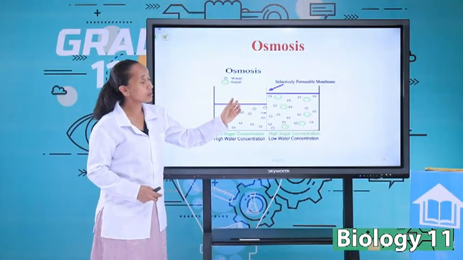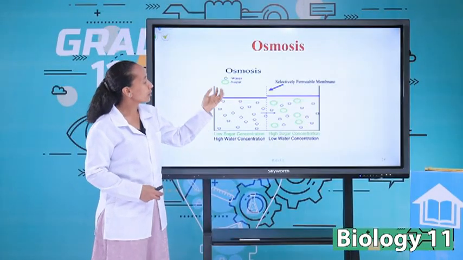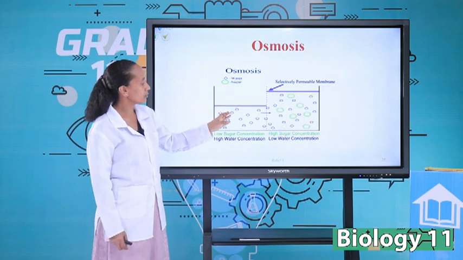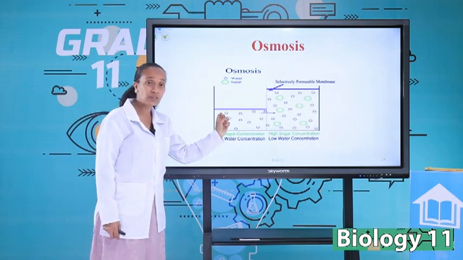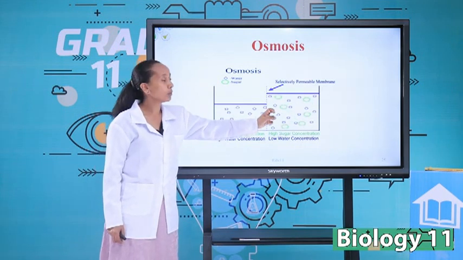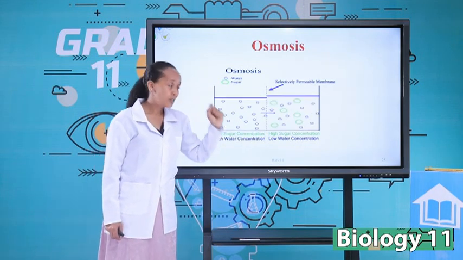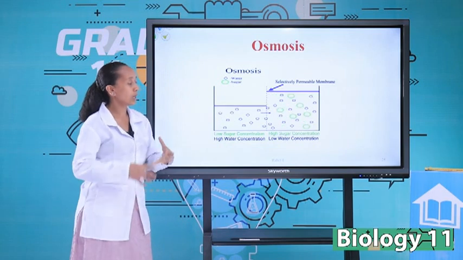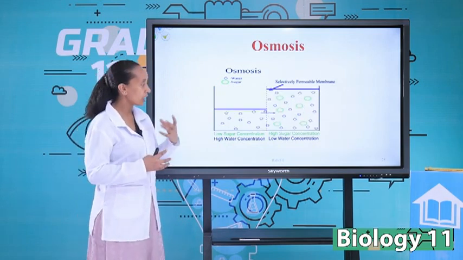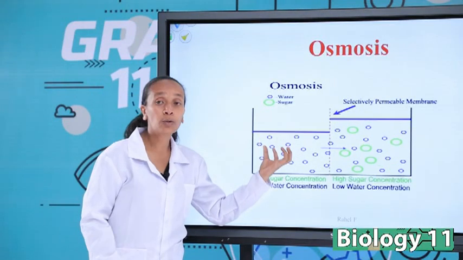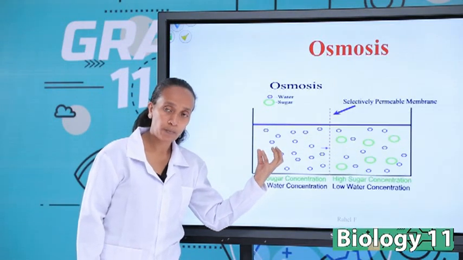During osmosis, the water particles will cross the plasma membrane from region of high water concentration to low. In this part, when we talk about high water concentration, you have to remember that we are referring to the water potential of the system.